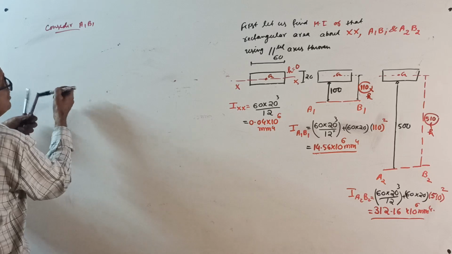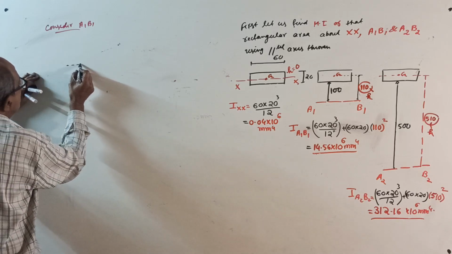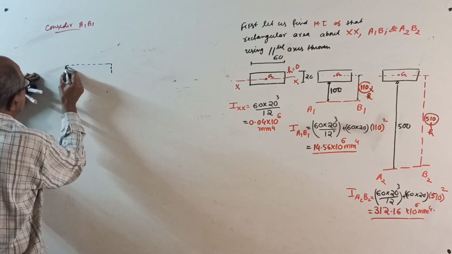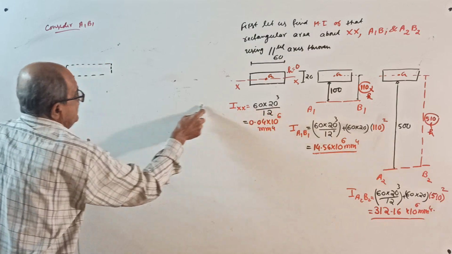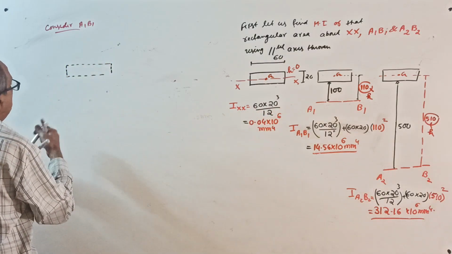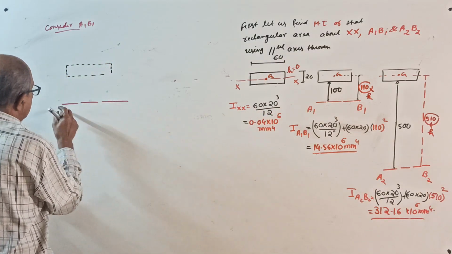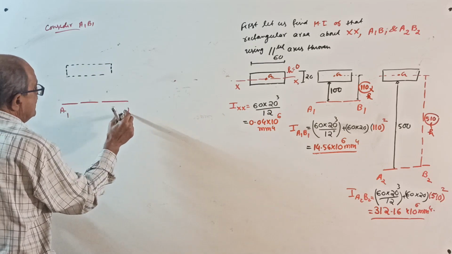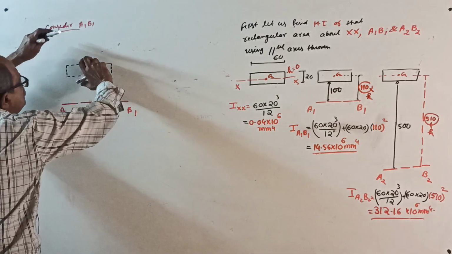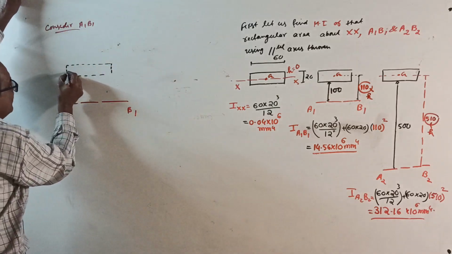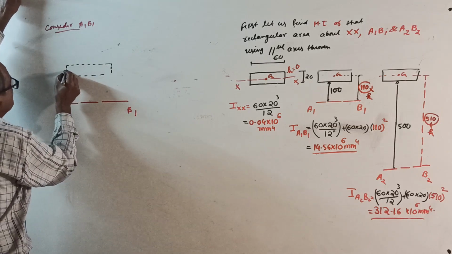You should write the statement here: this is the original rectangle, and your A1B1 is here. Now you squeeze it somewhere, we don't know where.